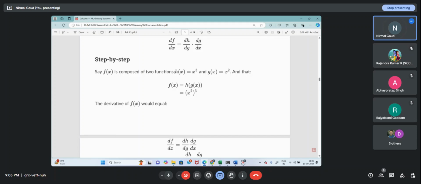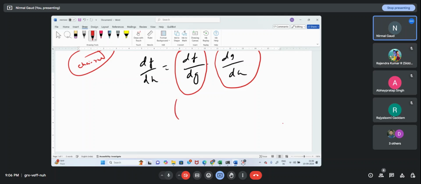So you have two functions, h and g. This is the main function that is composed of two functions. It's just a slight twist, but not a tough one. They have defined that f of x is equal to h of g of x, which means just put the value of g of x inside h. So x square will be put inside x cube. It will ultimately be x square to the power 3, so 3 twos are 6.